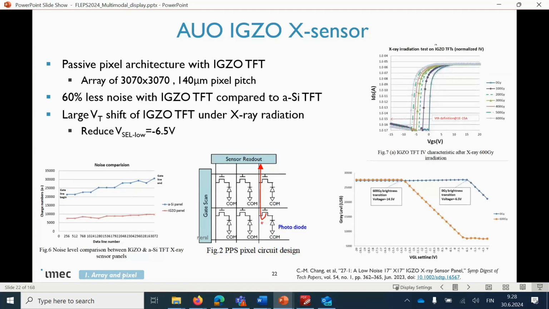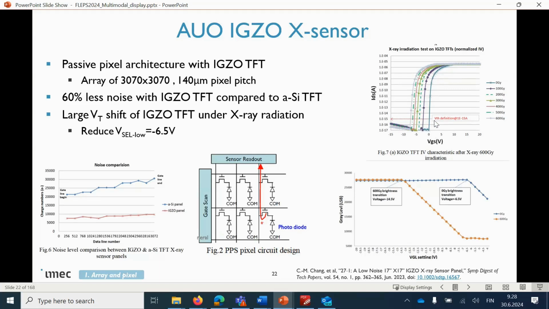Surprisingly, besides presenting the advantages of using IGZO, they presented in the same paper the disadvantages of using IGZO, although they solved it with a trick. Here is a transfer curve of the IGZO transistor.